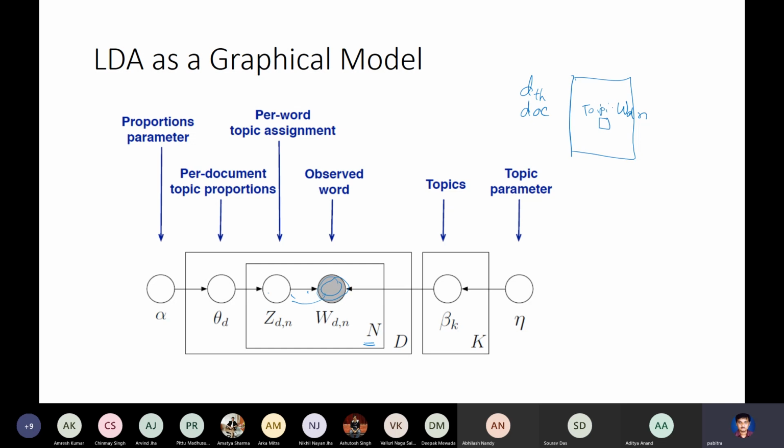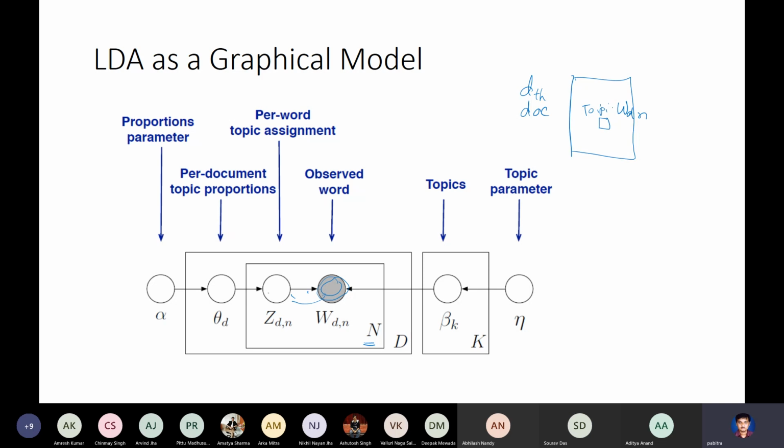Okay. So now let us look at how this Z is generated. As I said before, Z is one particular topic, say sports. How is Z generated? We look at the topic proportion. We are still talking about doc1. Let's say topic proportion for doc1 is 0.8 sports, 0.1 politics, and 0.1 science.